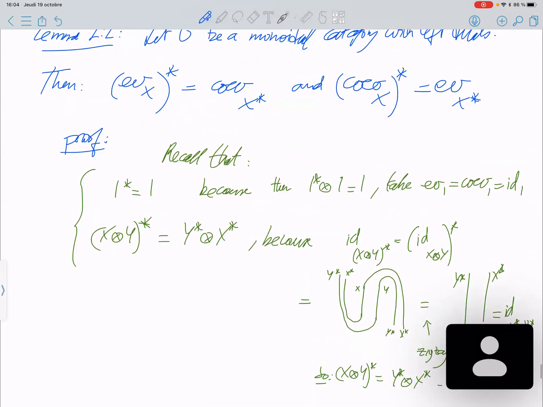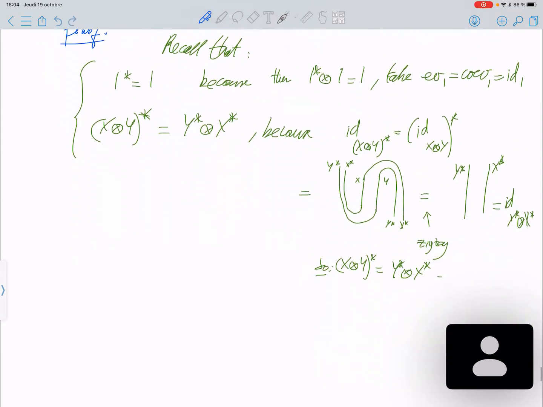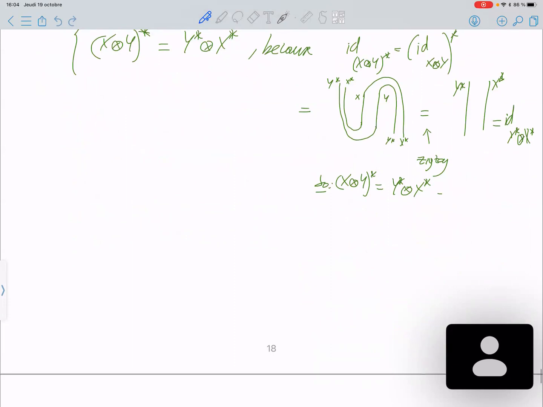Then what we want to prove is the following. Start from here: the evaluation map of X star. Let me draw it first like that, with the cup or the cap. It starts from X star tensor X and goes to 1.